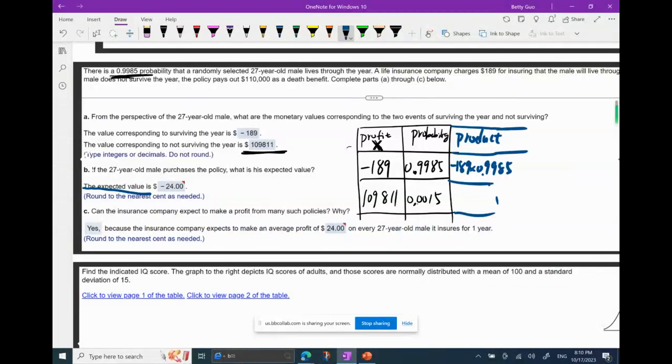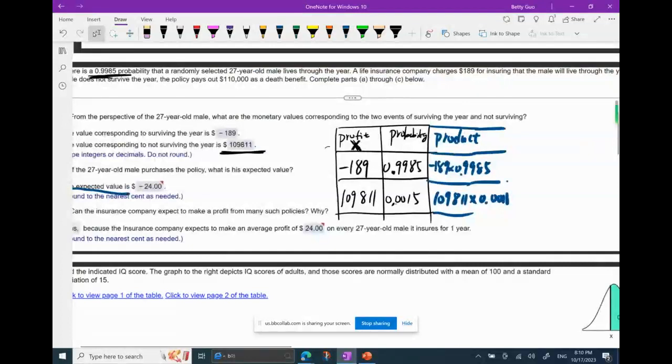Take the product, and this one is positive 109,811 times 0.0015, right? Okay, so get the products done, and then add them up.